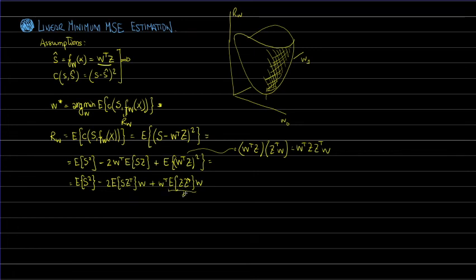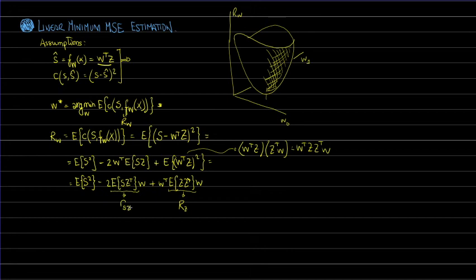Before that, I will give some names. This here, expected value of Z Z transpose, is a matrix. Z is a column vector, Z transpose is a row vector, so the product is a matrix. The expectation of a matrix is a matrix, so this is actually the correlation matrix of the random variable Z, and we'll write it as R_Z. And this is a vector because S is a scalar and Z is a vector. So the expected value of S Z is a vector that we will call R_SZ.